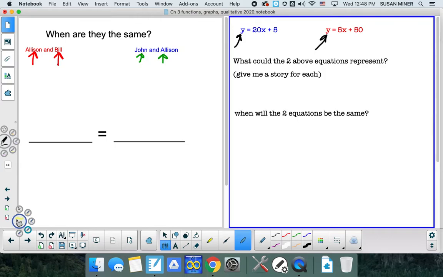We said, what story could possibly represent these two equations? And so maybe I'm comparing a gym membership, right? Or maybe I'm comparing the cost of entrance fees for an amusement park.